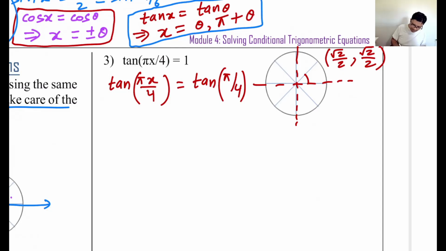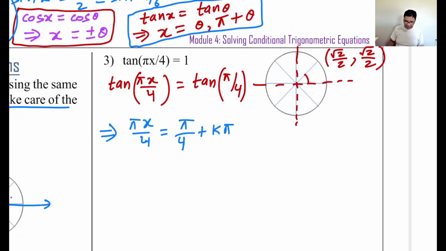And the solution for tangent is one of the simplest ones. Pi x over 4 is equal to pi over 4 plus k pi, right? Periodicity with pi. And that gives you, now you have to multiply by 4 over pi on both sides.